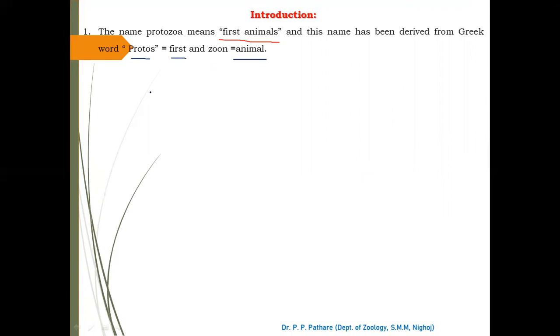It is a first animal. First in the sense they come first in evolutionary history. So it is called first animal. And this name comes from the Greek word protos meaning first and zoon meaning animals.